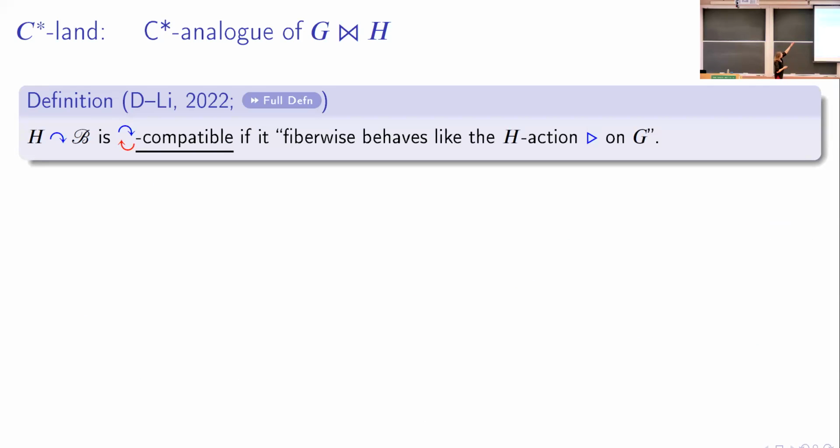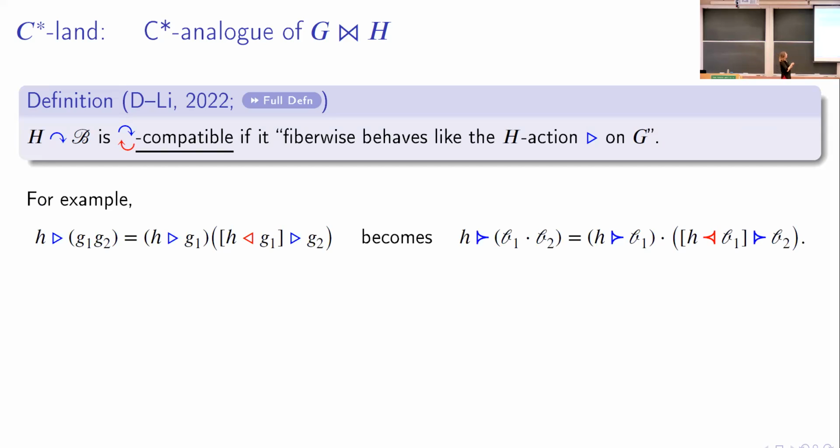Okay, here's the definition where I get to sweep everything under the rug, which is: what does it mean for this H action on my bundle to be compatible? Basically, I just say whatever conditions you had on the original H action on G, mimic that on the Fell bundle level. So for example, my compatible action of G and H looked like this, right?